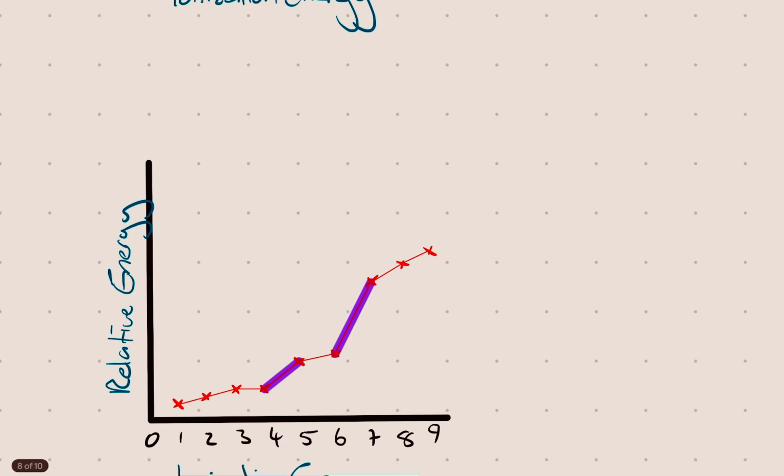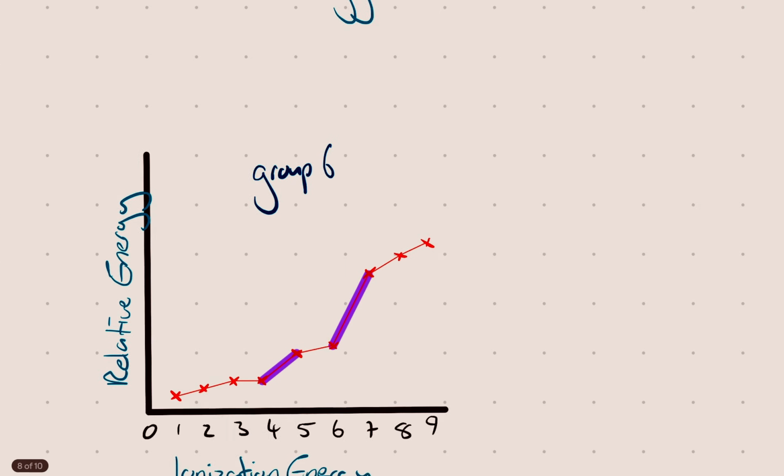So we almost have to ignore these little jumps and look for these slightly bigger ones. There straight away, I can see a big jump between the 6th and the 7th ionization energy. And that's going to tell me that we're in group 6 for this element.